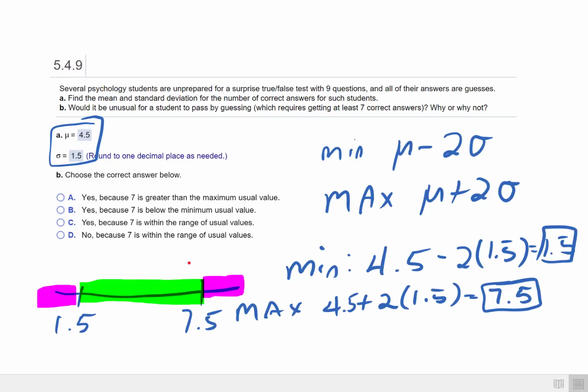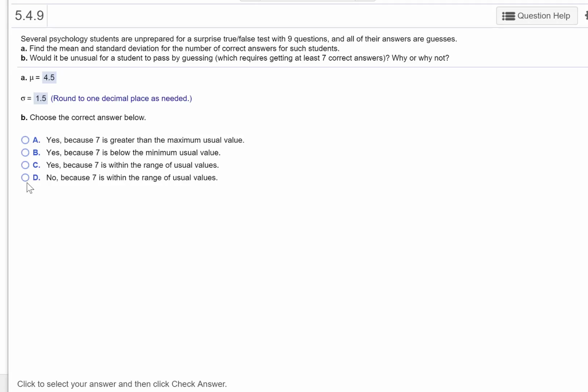Now, where does 7 fall on this number line? Yeah, it falls in here, right? So it falls somewhere in the usual range. So make sure you're answering the right question. Is it unusual? No, not unusual.